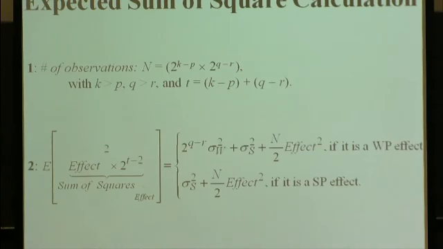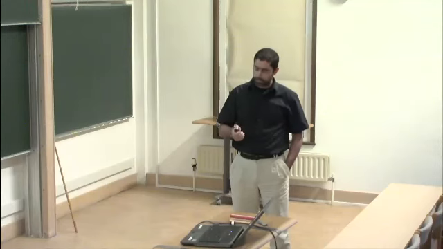I can express the sum of squares in terms of the estimated effect. And if I evaluate the expectation of the sum of squares, we can see that it depends on the effect. And if the effect is really 0, I'm estimating the variance of that particular stratum. Usually we are seeing the expectation of the mean square, but since we have a two-level design, the degree of freedom for each contrast or each effect is going to be 1.